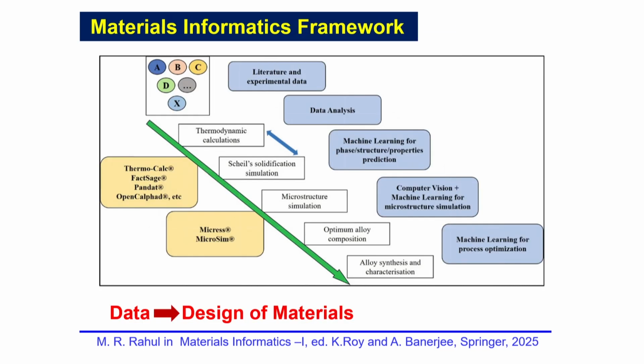So, what is the framework of this? Well, you can have data come from literature, experiments, simulations. First thing you do is some thermodynamic calculations, correct? That is the basic thing. To understand phase stability, thermodynamics is very important, and after you get these thermodynamic calculations, you have to see how it can be made. If you are using solidification or casting as a route, then you have to use a cell solidification simulation model to do that.